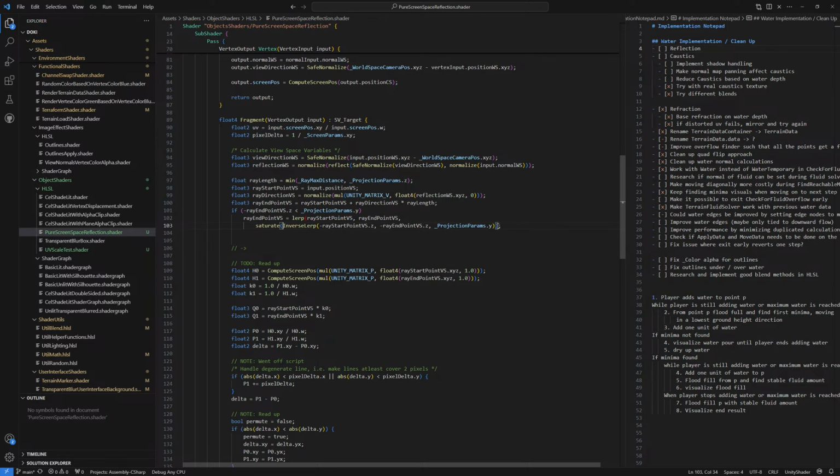I just want to try if we can get a good result by just relying on these two, basically. Ray start point SS, ray end point SS. Let's try. Just check so we have the correct points here.